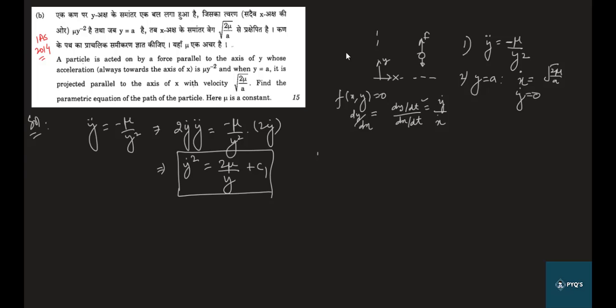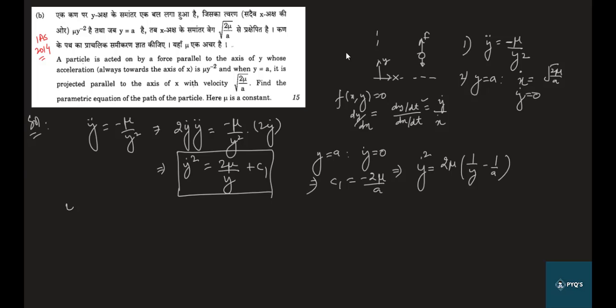Now you know at y equals a, it is projected in x direction, so initial velocity y dot is equals to 0. So putting here, I'll get c1 equals minus 2 mu by a. So from here I can get y dot square equals 2 mu, if I take common, 1 upon y minus 1 upon a.